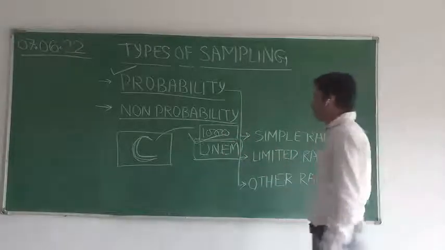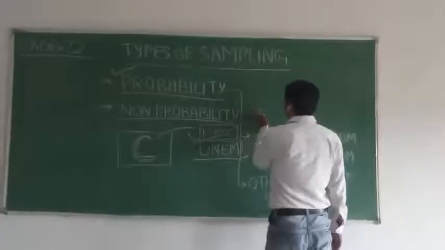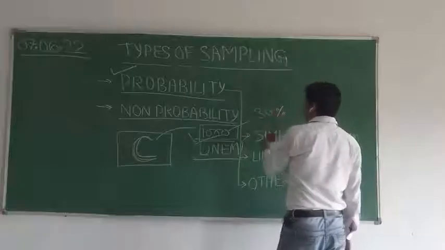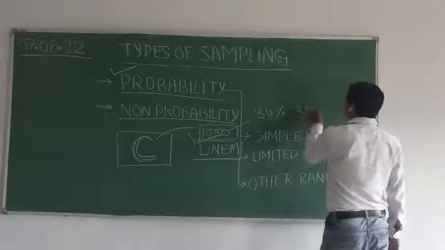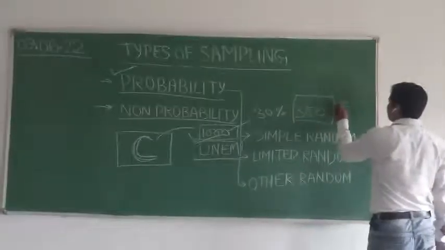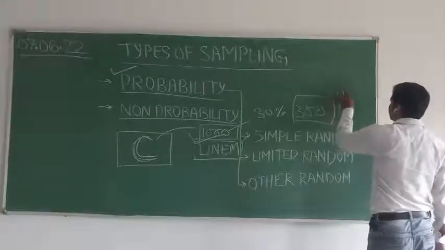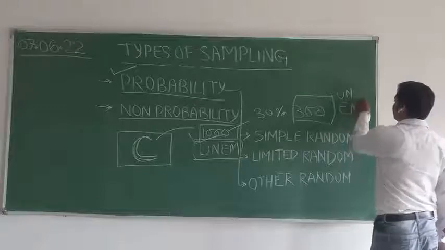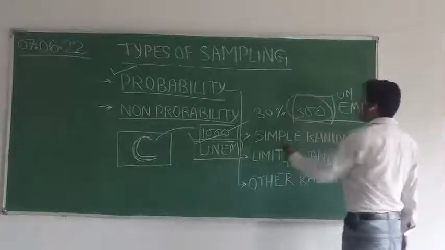So we can choose 30% of it, maybe 300 unemployed people. This will be our sample.